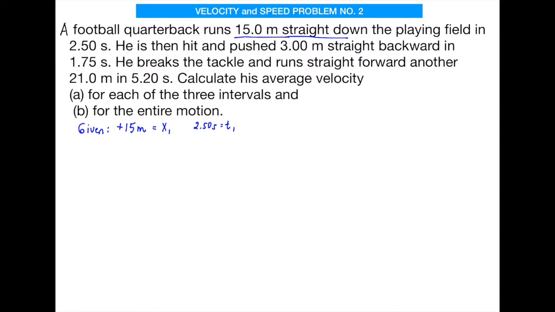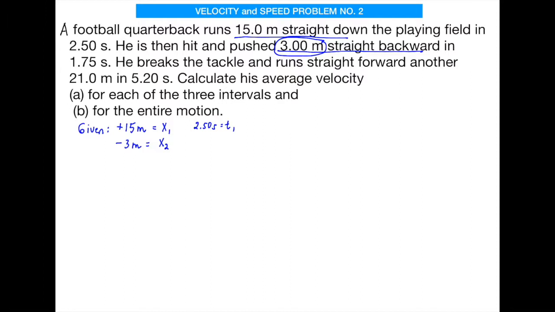Next, he is then hit and pushed 3 meters straight backward. So we have here 3 meter. That would be our x sub 2. Now take note that we have here 3 meter straight backward. So the play goes backward. It's the opposite of the first one. So our sign here is negative 3 meter.